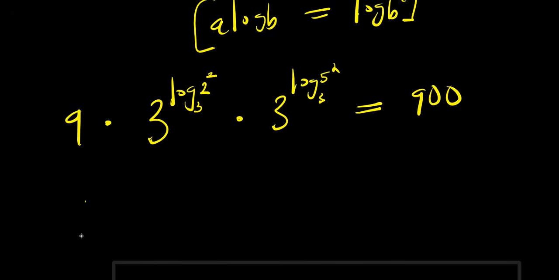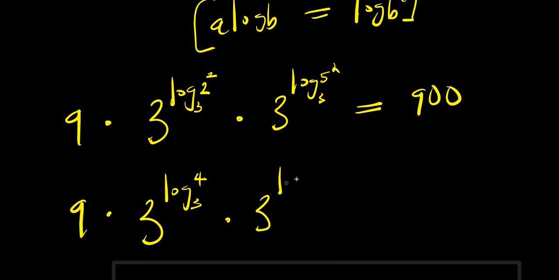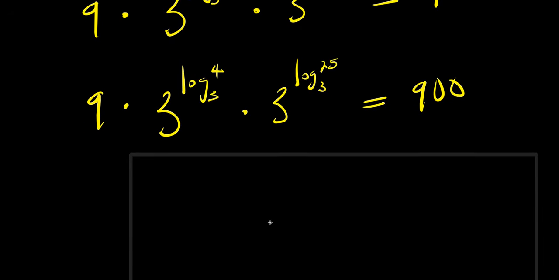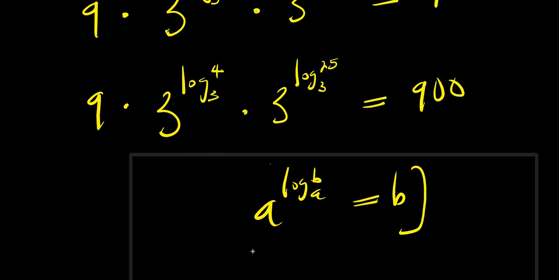So from here, we have 9 times 3 power, this is log 4 to the base of 3, times 3 power, this is log 25, that is 5 power 2, to the base of 3, equals 900. Now, if you also have a power log b to the base of a, this equals b.